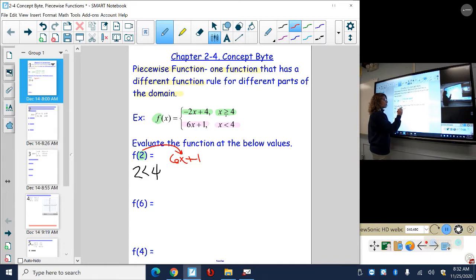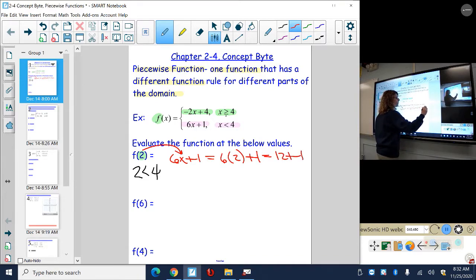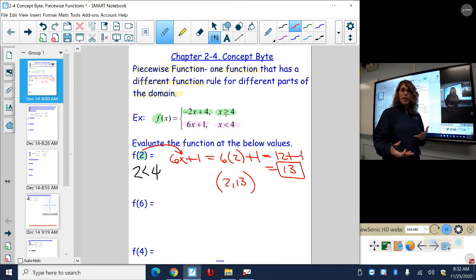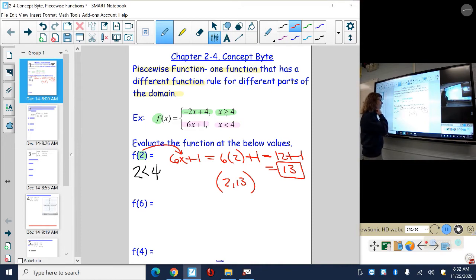So I'm simply going to plug in 2 for x, and I'm going to calculate, and that's going to give me a 13. Now, when you plug in, you're plugging in for x, and you're going to chug out a y. So this gives me the ordered pair 2, 13. And you could physically graph that on your graphing calculator or on your graph paper.